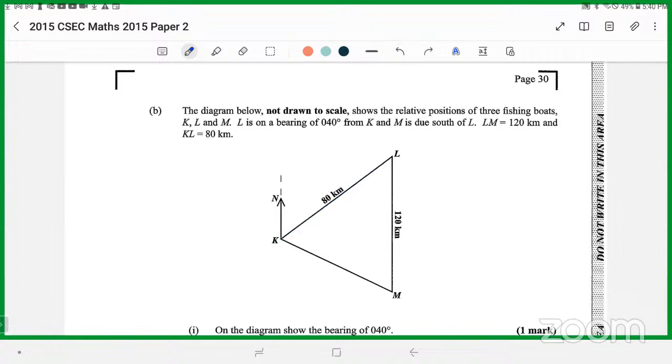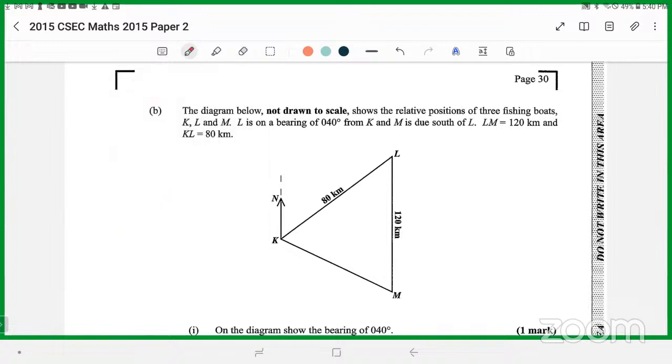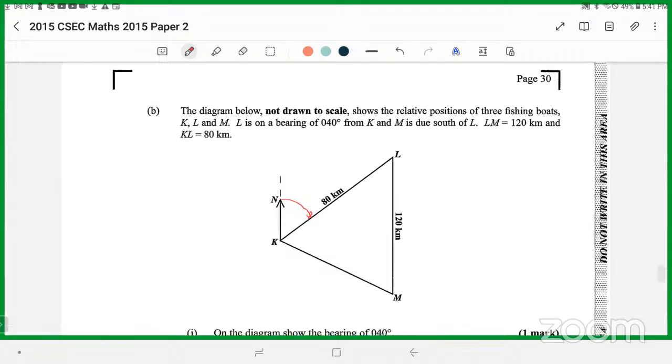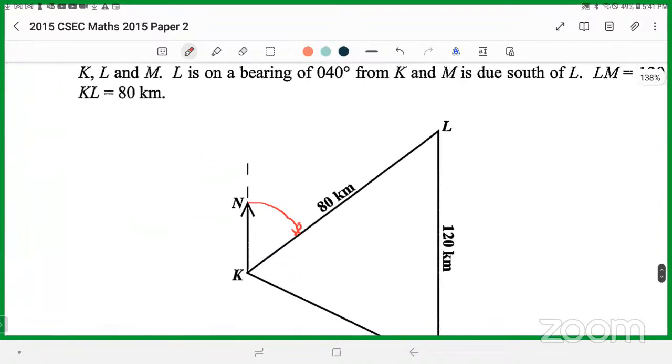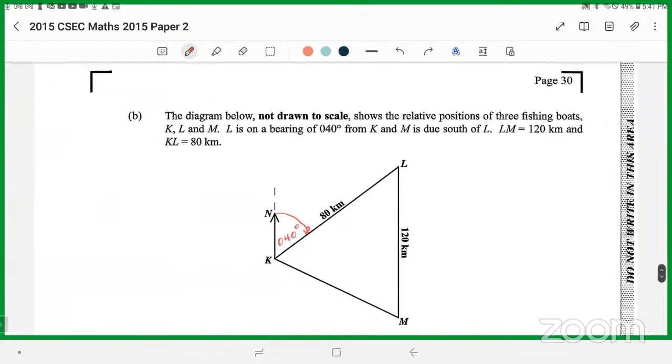It is this angle: stand at the front position, face north first, and the angle through which you have to turn to the right is the 40 degrees. So let's mark it in red. This will be 040 degrees, and they gave us a distance on the diagram as 8 kilometers.